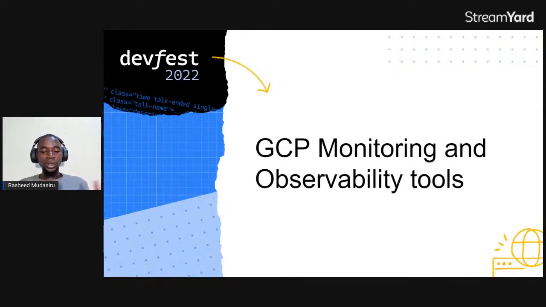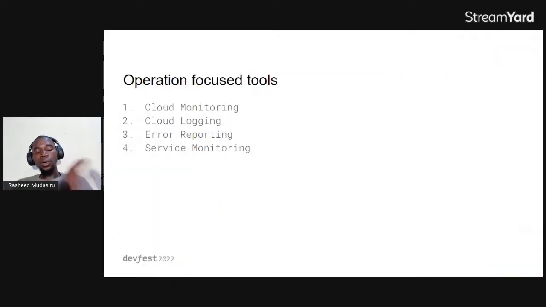So, GCP monitoring and observability tools. Google Cloud has what we call the Google Cloud Operations Suite. The operations suite is grouped into two categories: the operations focused tools and the application performance management tools. So what does this mean? The operations focused tools are mainly focused on how your application is performing.